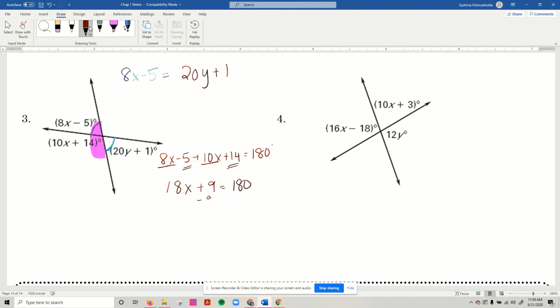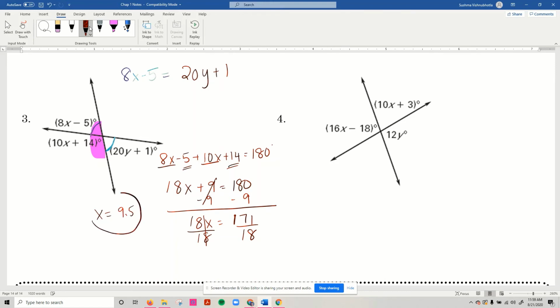Subtract 9. Divide by 18. So I get x is equal to 9.5.